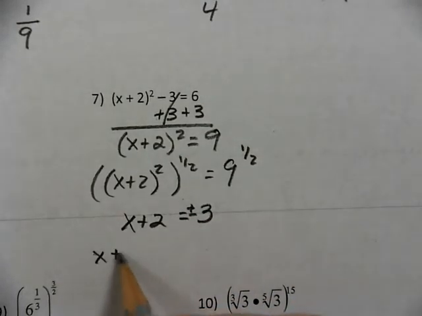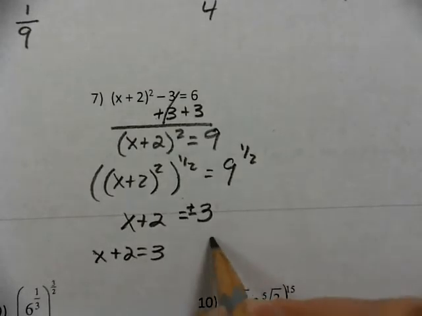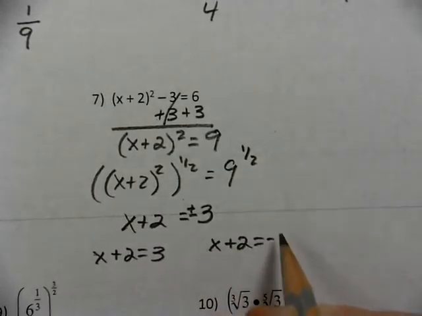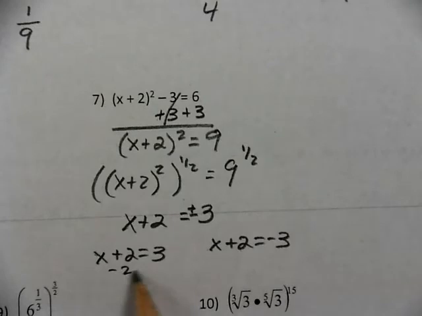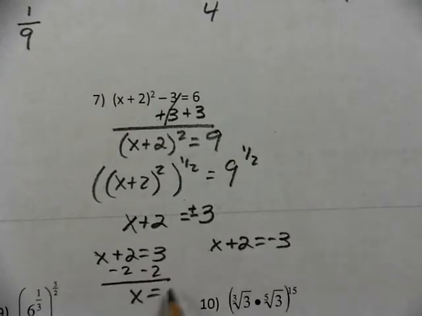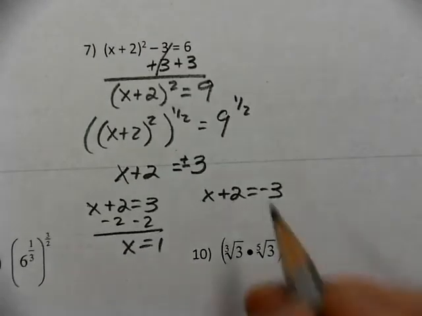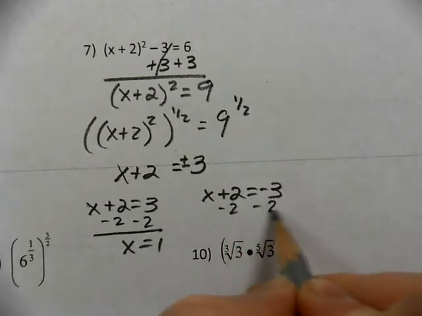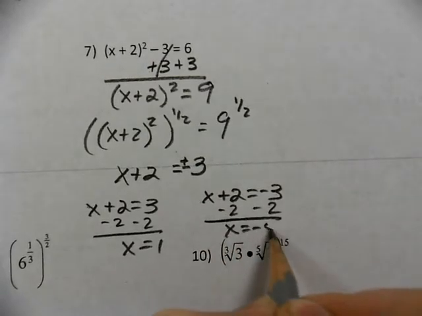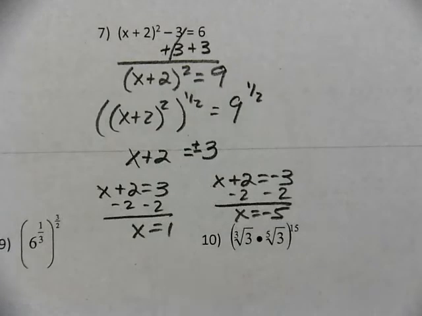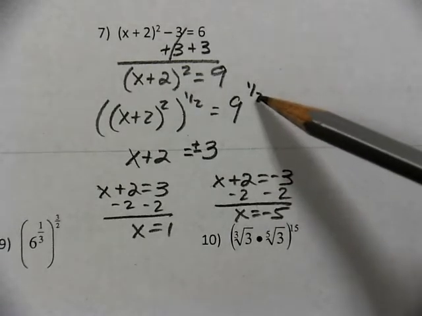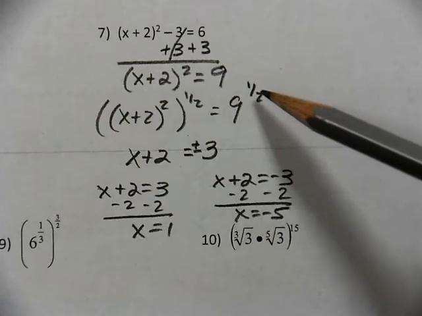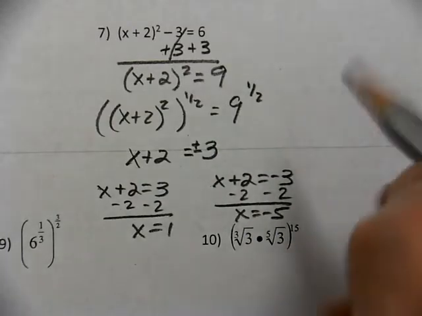So we're going to have x plus 2 equals 3, and x plus 2 equals -3. So because our index would have been a 2, an even number, that's why we had plus or minus.